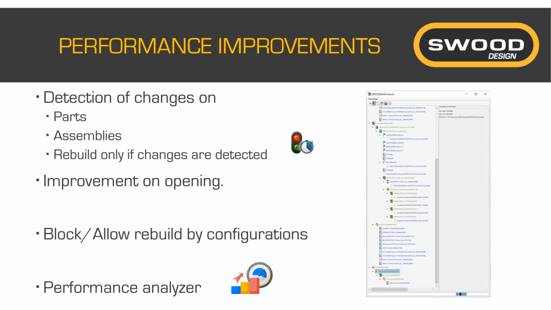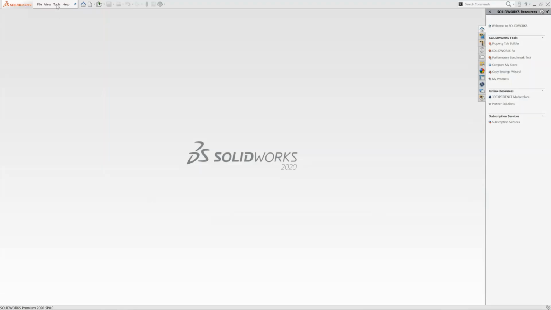So this year, to detect the performance and how we are able to improve it, we have prepared a specific performance analyzer, but we also have worked on a better way to manage big assemblies, big files, especially when you open and rebuild this type of project, with the possibility to detect the different changes that have been done during one session or another session inside SolidWorks. So let's have a look at the video.